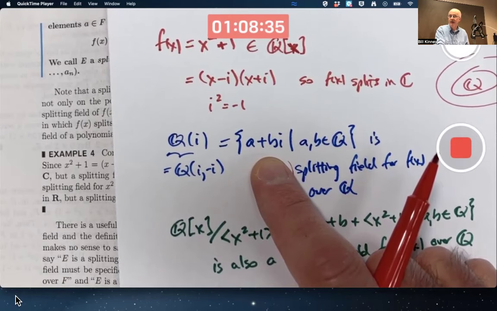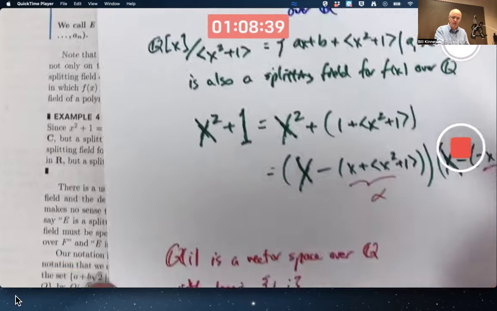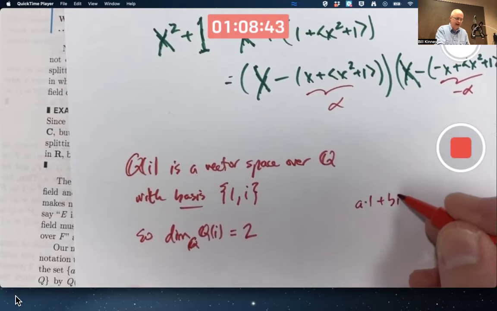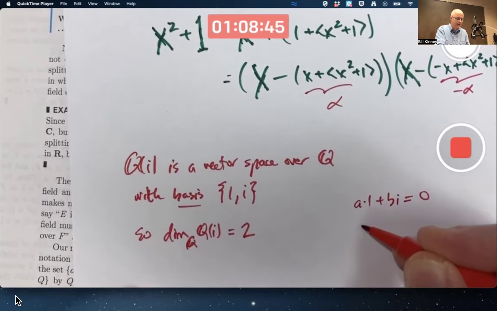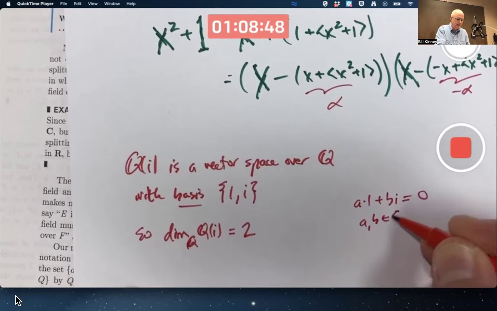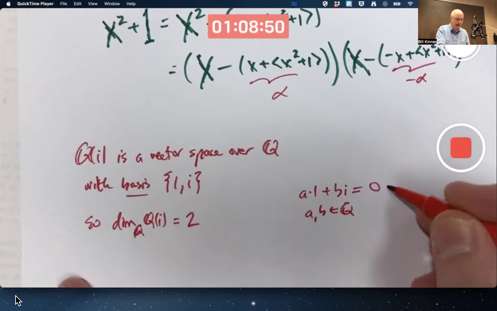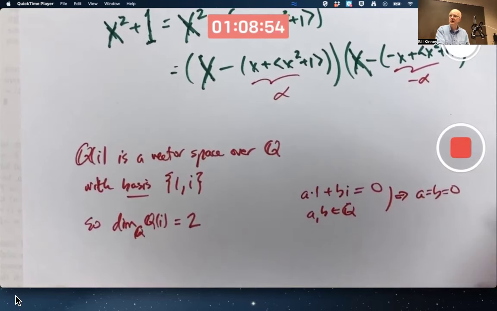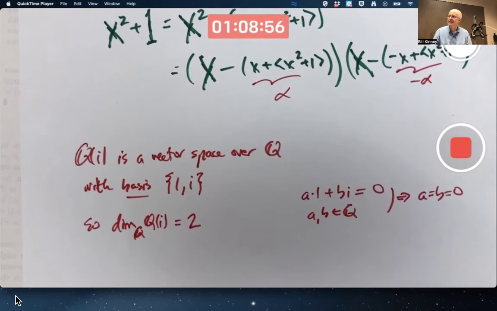It doesn't technically verify that it's a linearly independent set, but that is true: if a times 1 plus b times i equals the number 0, where a and b are rational, that's enough to imply a and b must be 0. And so this set is also linearly independent, and therefore it's a basis, and therefore this dimension is 2. That is a useful thing, and it generalizes.